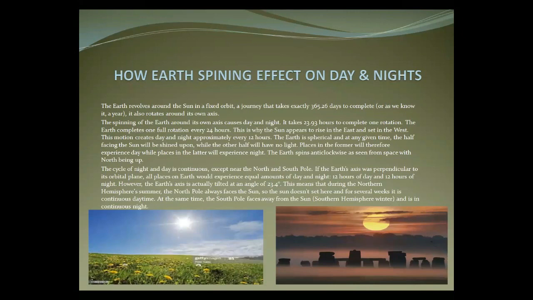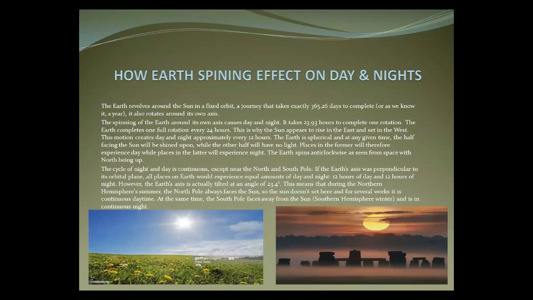And the Earth revolves around the Sun in a fixed orbit, a journey that takes exactly 365 days to complete, or as we know, a year. It also rotates around its own axis. The cycle of night and day is continuous except near the North or South Pole.